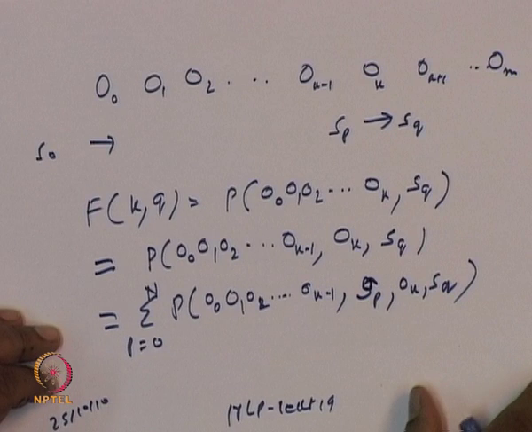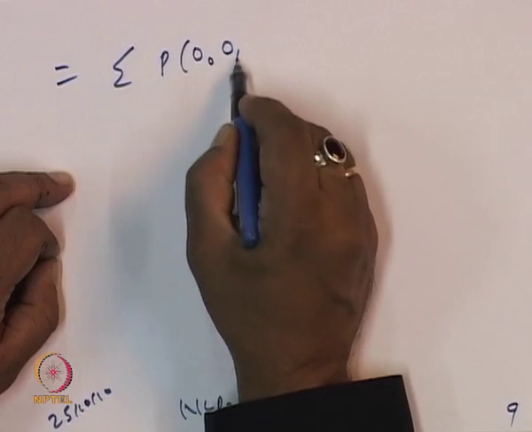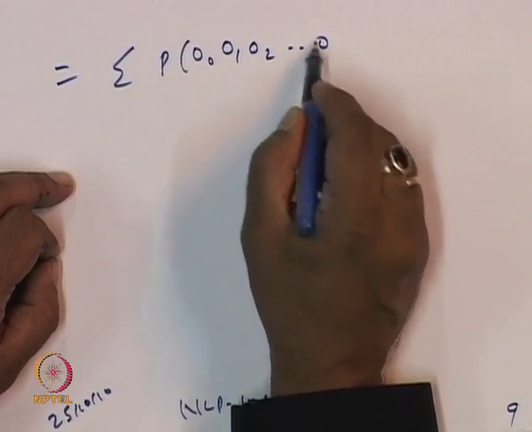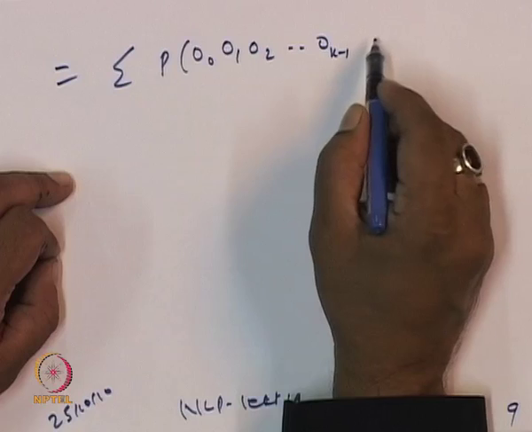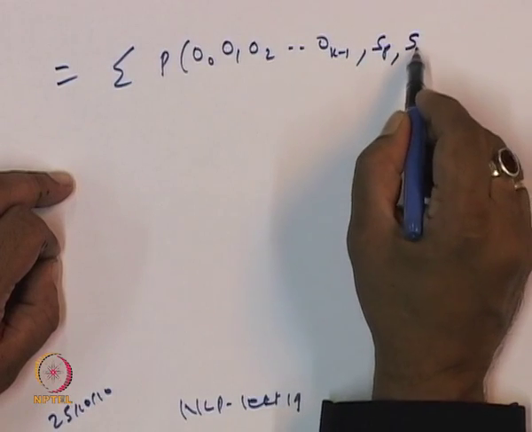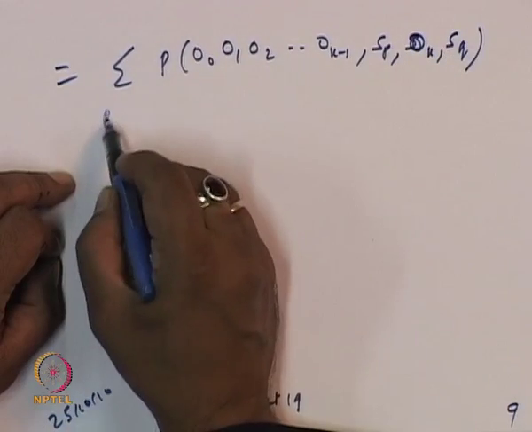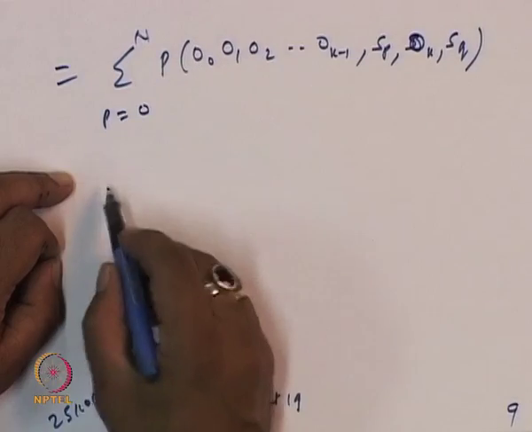Now, what I can do is take this particular term, O0, O1, O2 up to OK minus 1, comma SP, comma OK, comma SQ, P goes from 0 to n.